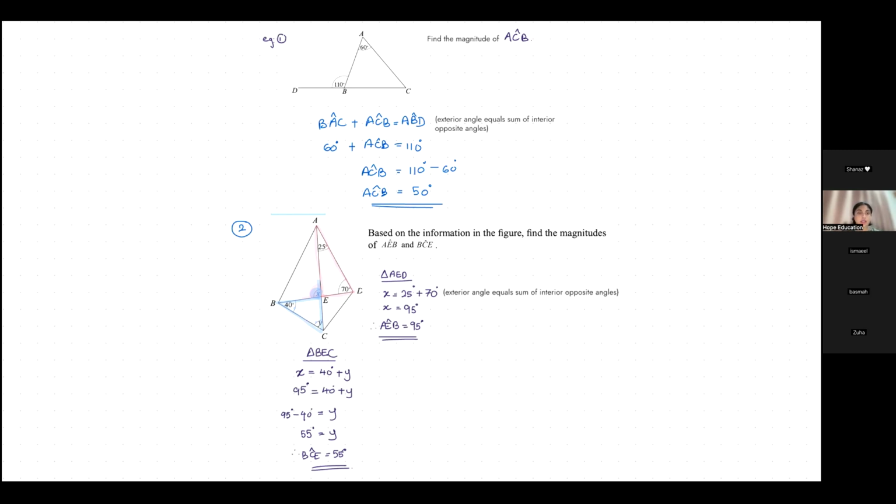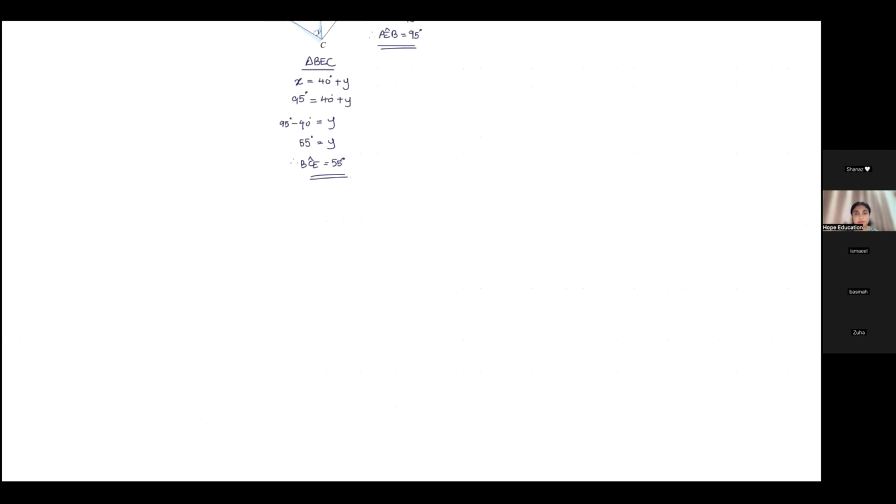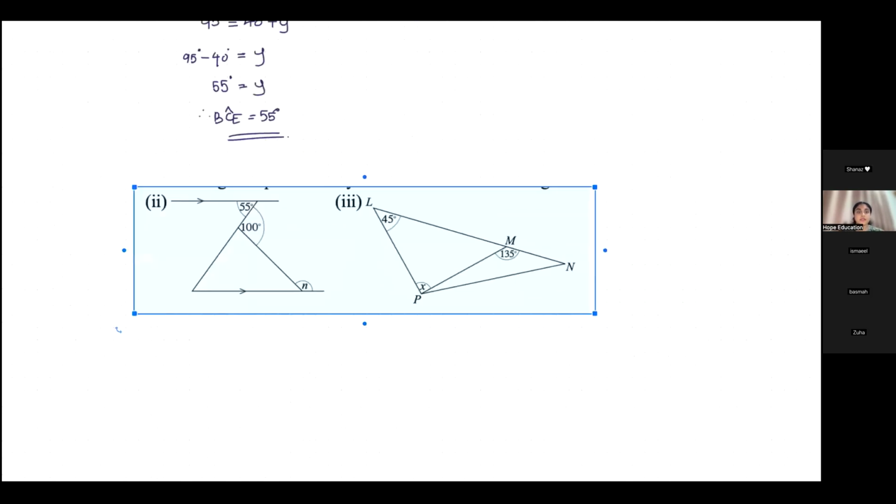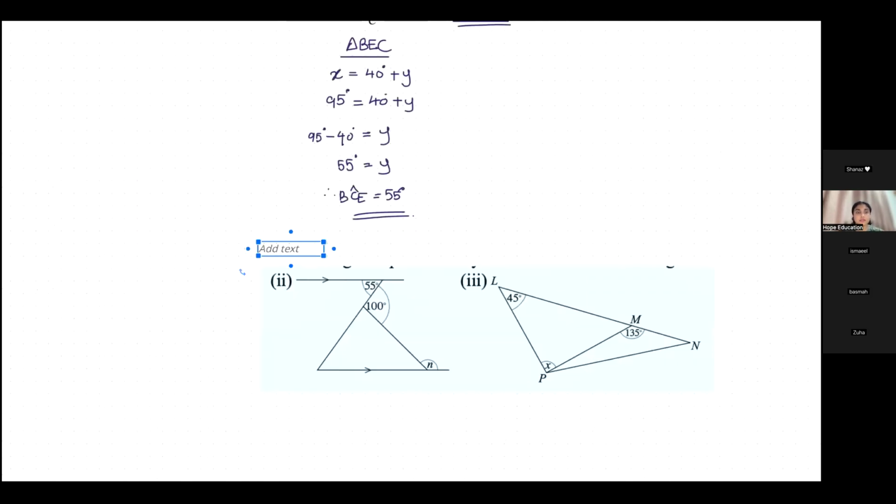In 8.2, in the first question, can you try the second and third ones? Quickly try the second and third ones. You won't really need too much time. These are not very difficult, but quickly do it.